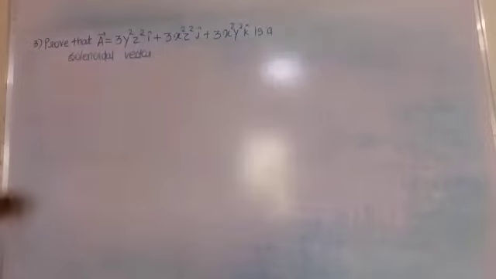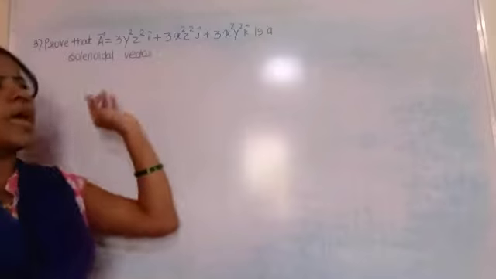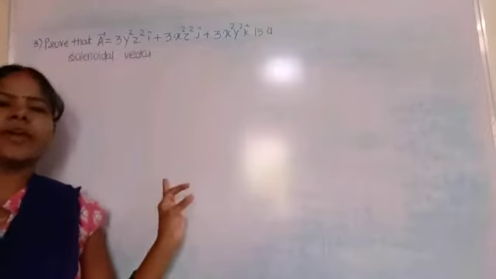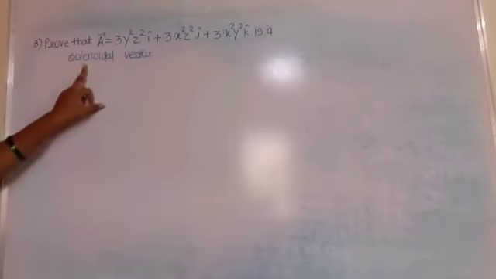So what is this? The vector is solenoidal if the divergence of the vector is 0. This means we have to calculate the divergence of vector A and prove that the divergence value becomes 0. Then we can prove that vector A is a solenoidal vector.